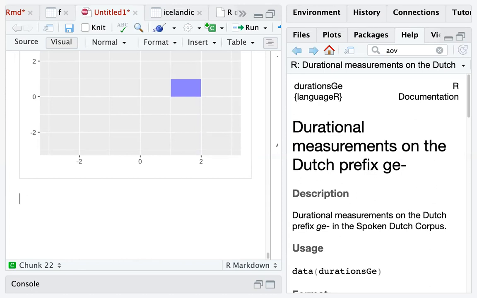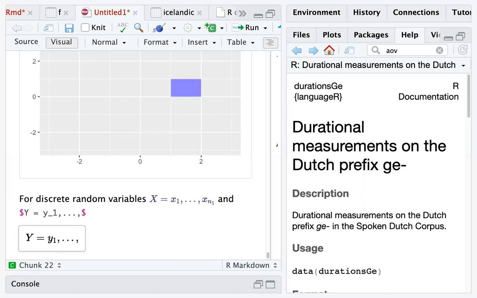So for discrete random variables, say x can be equal to x1, up to x_n1, and y can be equal to y1, up to y_n2.